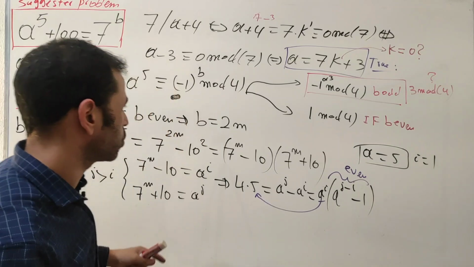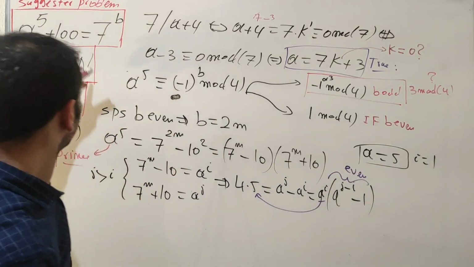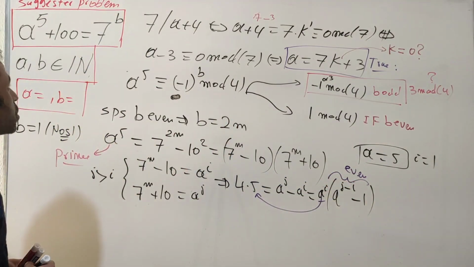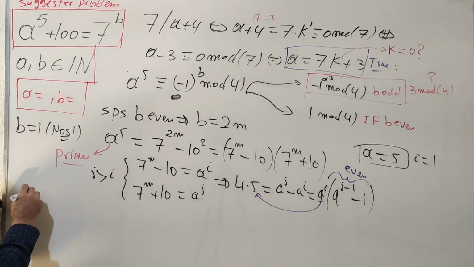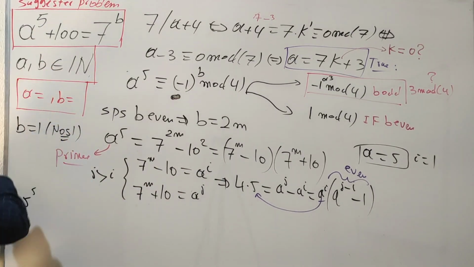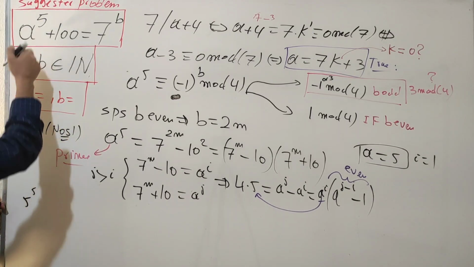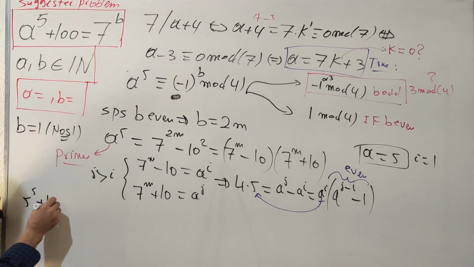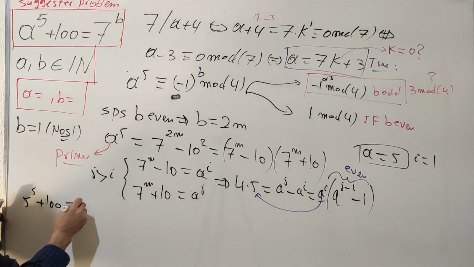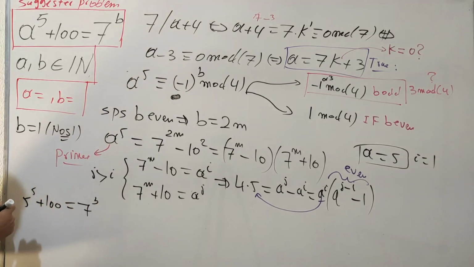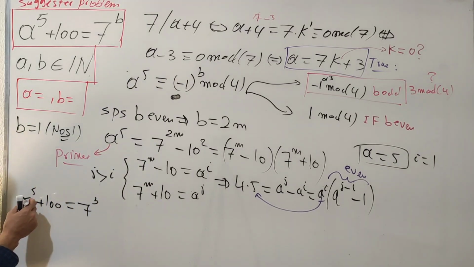Okay, insert back this value of e into the original equation to see what the solution is. 5 to the 5, because I'm replacing e with the number 5, plus 100, which equals 7 to the b. Clearly, if you calculate this one, this is not a power of 7.